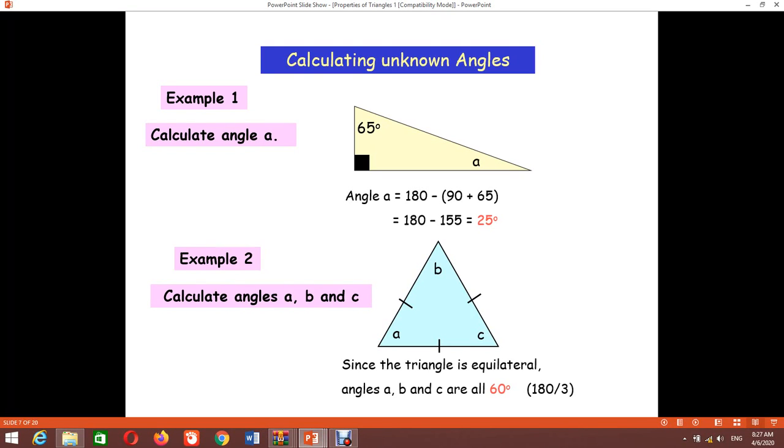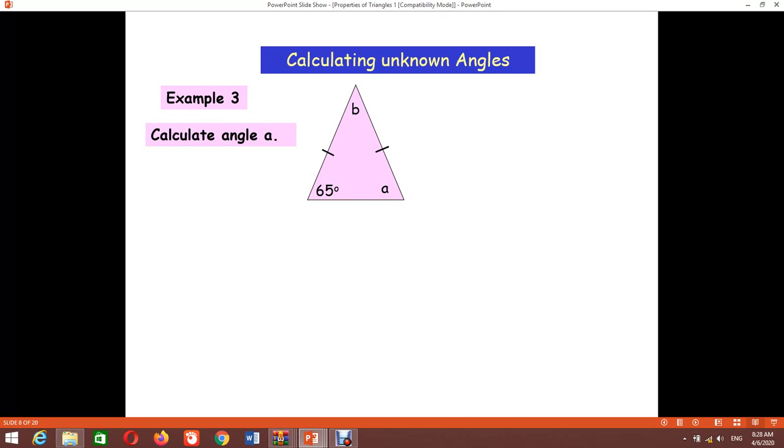And therefore, angles A, B, and C are all equal. And because it is an equilateral triangle, the sum total is what? 180. And therefore, to calculate angles A, B, and C, we divide the 180 by 3. And to divide 180 by 3, it will give us an answer of 60 degrees. So A is 60 degrees, B is 60 degrees, C is also 60 degrees.